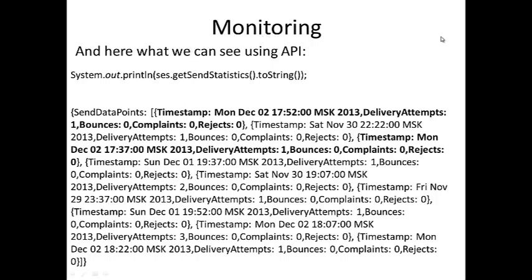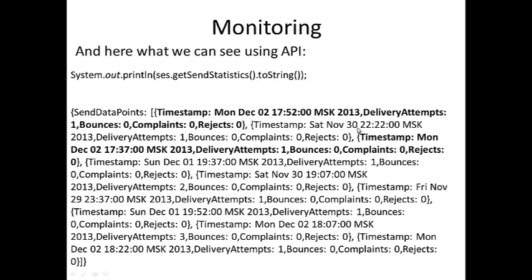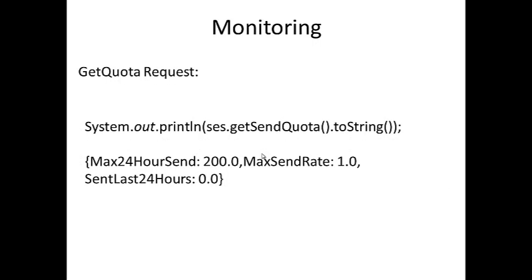One of them is the GetSendStatistics method, which will return information divided in 15-minute intervals that will contain a timestamp, number of delivery attempts, number of bounces, number of compliances, and so on, for a 24 hour interval. And the other method is GetSendQuota, which will return the maximum number of messages we can send per 24 hour period.